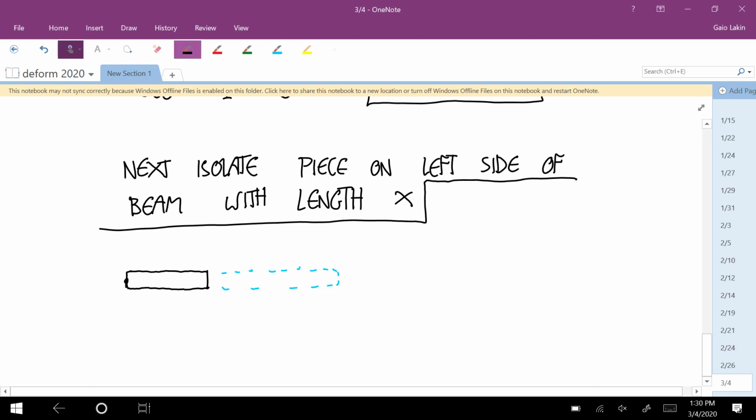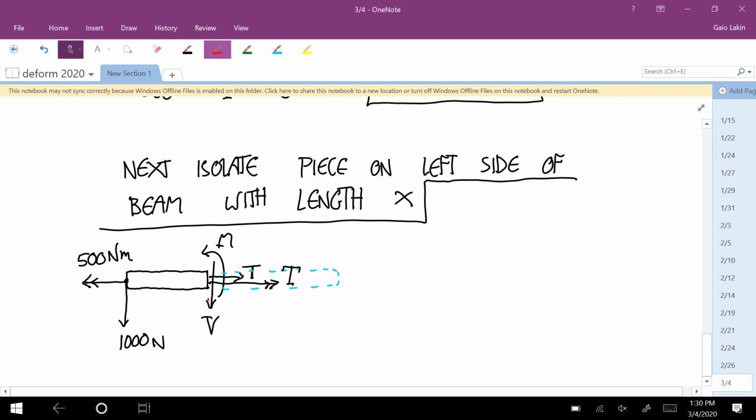We have a downward force over here of 1,000, a couple of 500 this way, and then we have the internal loads, P, V, M, and fancy T. And this time, this length here isn't a quarter, it's x.